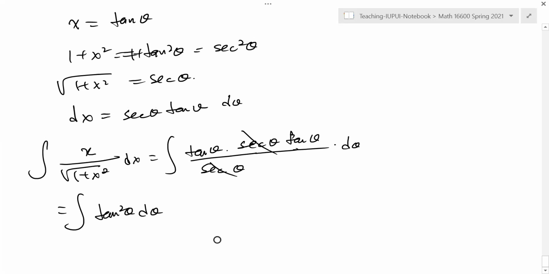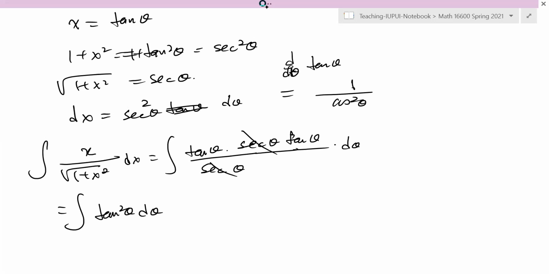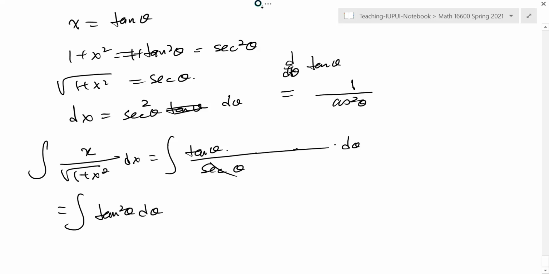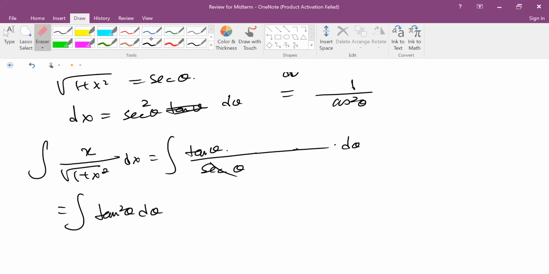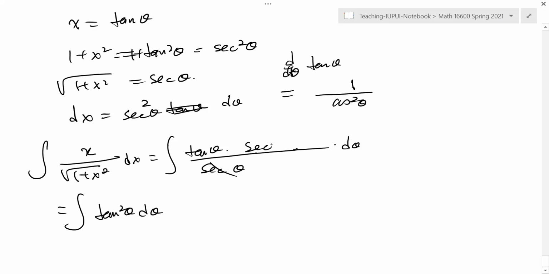Yeah, then it's correct. The derivative of tangent theta is going to be secant square. I memorized it wrong. My memory has trouble. I did not check this. Yeah, you're right. So maybe you can solve the problem.